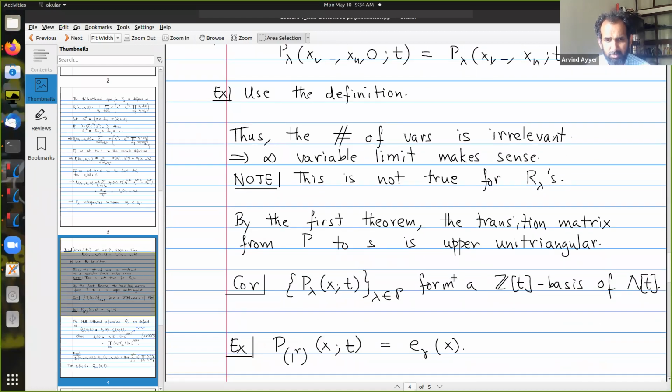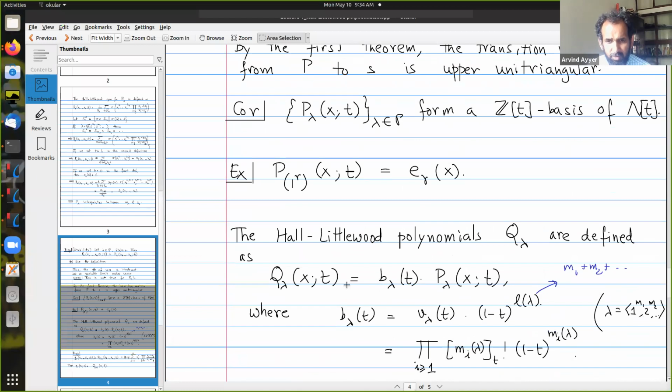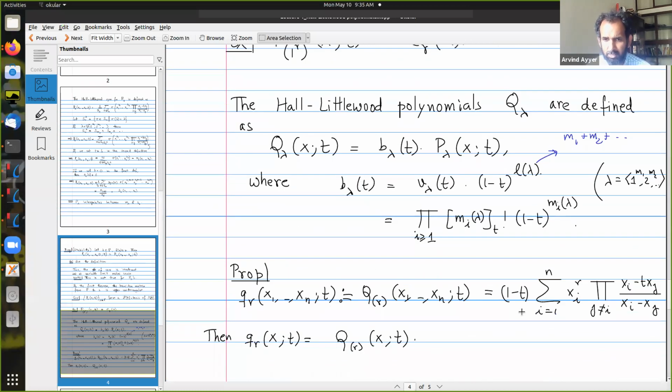And we showed that they have a stability property, and then we defined another family of symmetric functions by multiplying these P lambdas by, again, some nice functions which are products of t-factorials times a power of 1 minus t, and these also turn out to be stable.